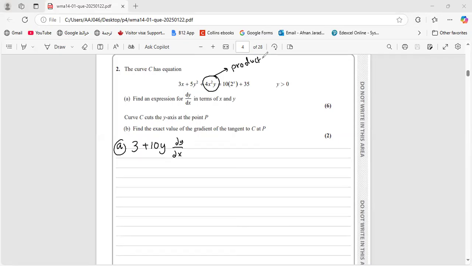To differentiate it, take 4x squared as u and y as v. Then u prime equals 8x, and v prime equals 1 dy over dx.